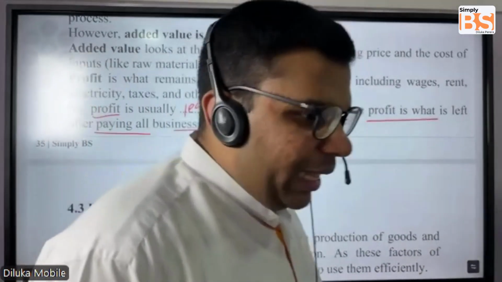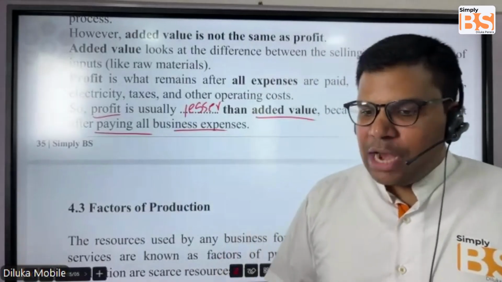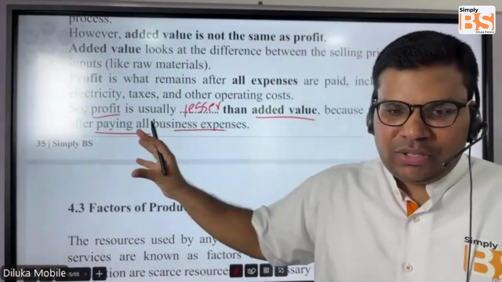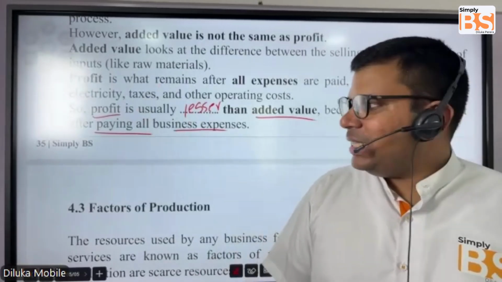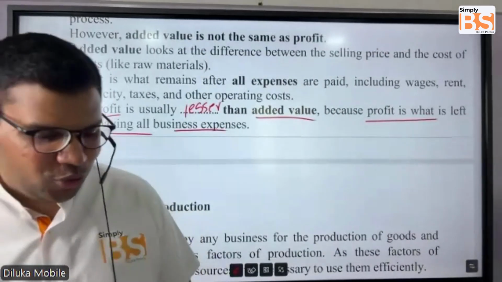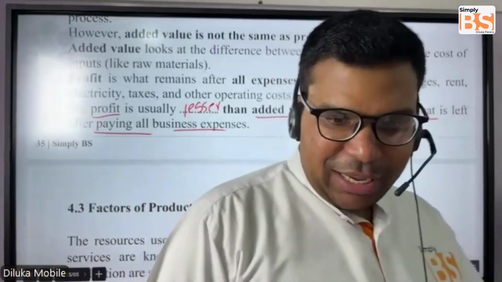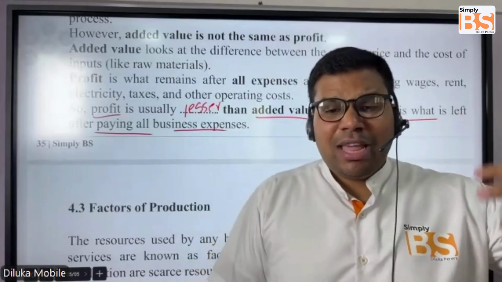So students, that marks the end of the production process and added value. So this is the end of this particular part of the lesson. We have achieved a very good milestone, where lesson 1 is a very big lesson.